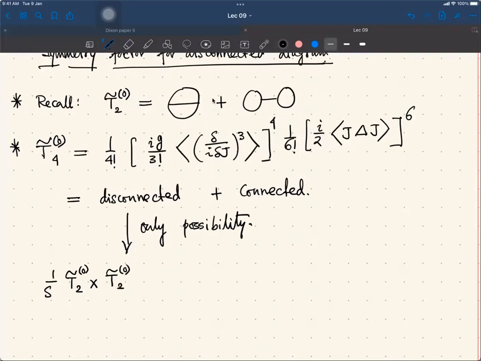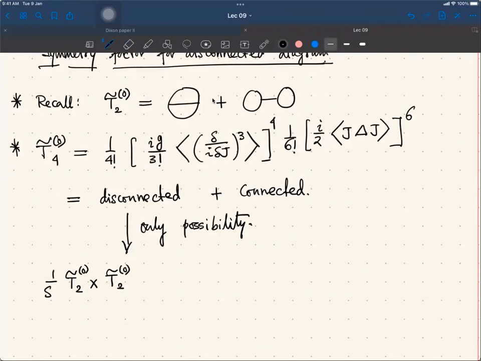The reason is that the diagram has to have 4 vertices, and if it has to be disconnected, then the 4 vertices should be divided into 2 with 2 vertices each.